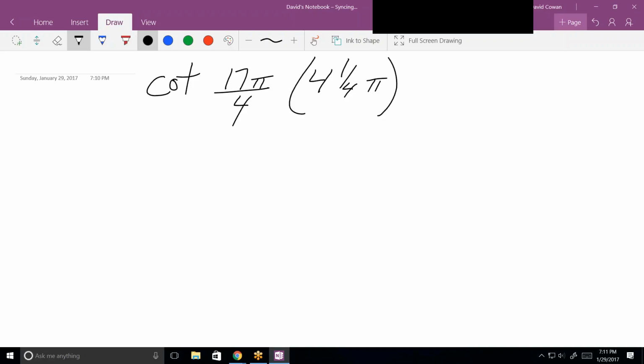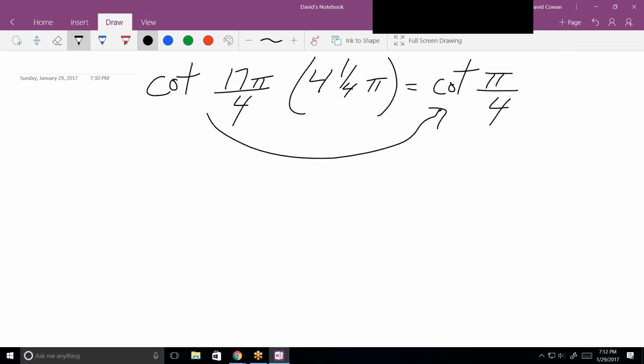Well, that would leave it at 2 1/4 pi, which would still be outside the unit circle. So 4. Right. And if I take away 4 pi from 17 pi over 4, then what do I get? Pi over 4. So these two are equivalents.